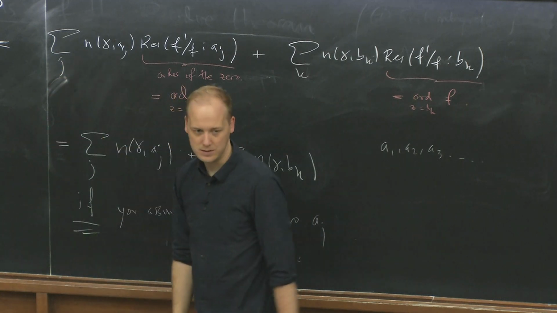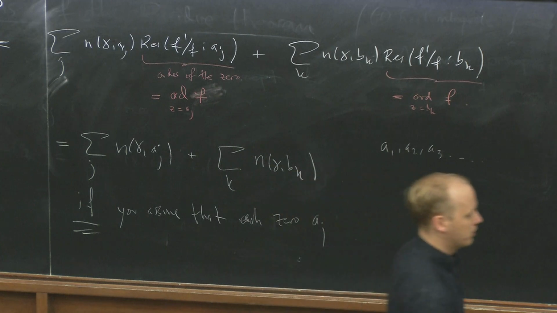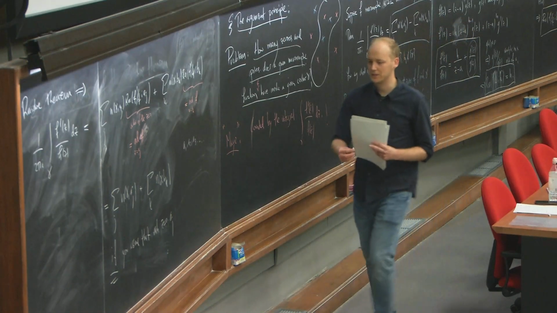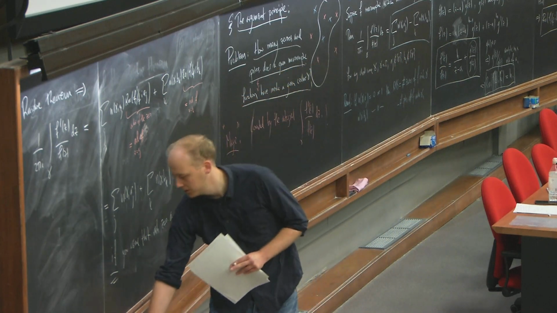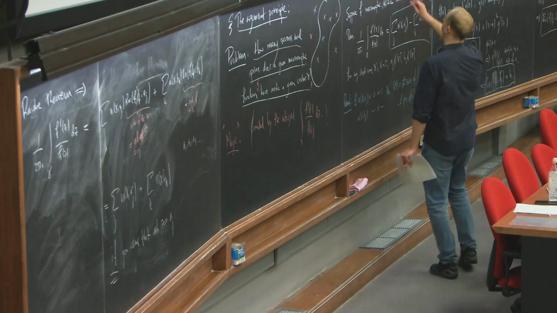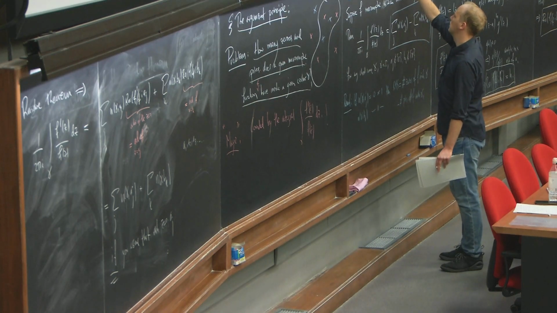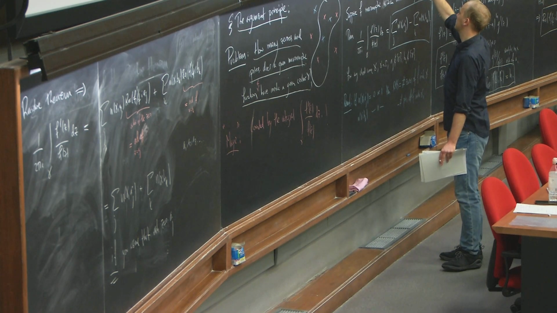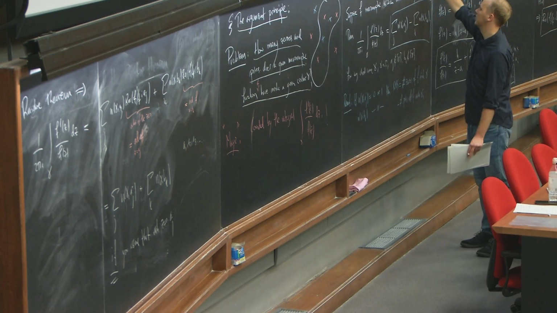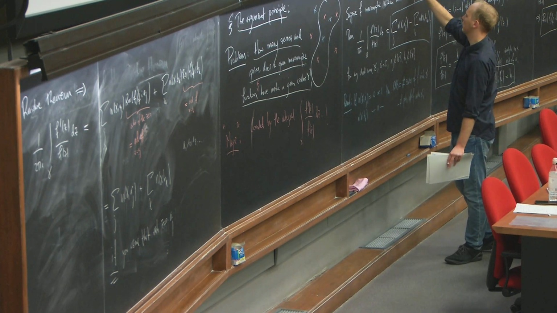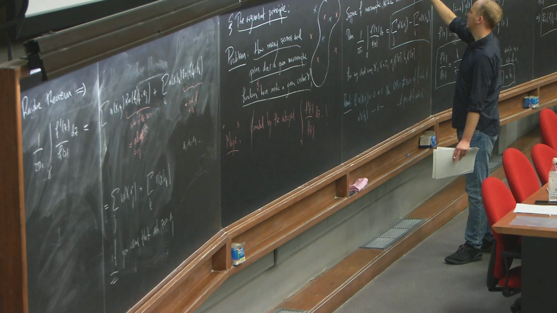So it's up to this multiplicity here. Actually it's a bit dangerous because it has to be interpreted correctly. So I should be more careful. I should write here, up to interpreting this multiplicity of the zeros and the poles correctly.